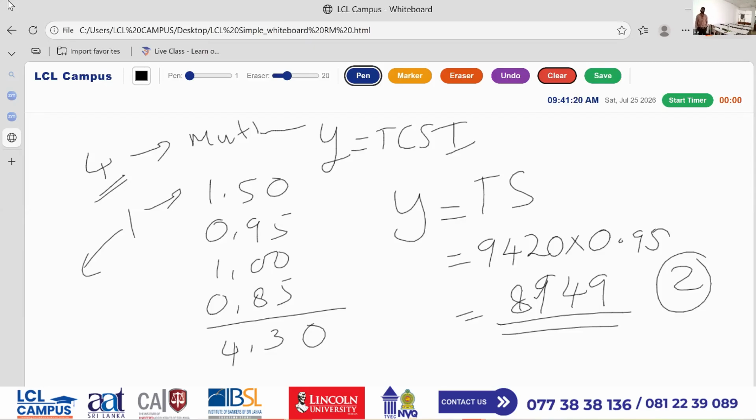T means trend. These are the four components which affect the time series. T means trend, C means cyclical variations, S seasonal variations, I irregular variations.